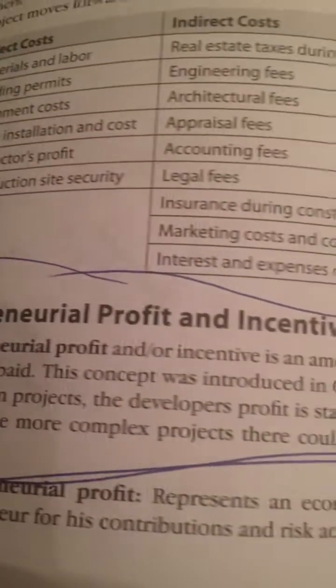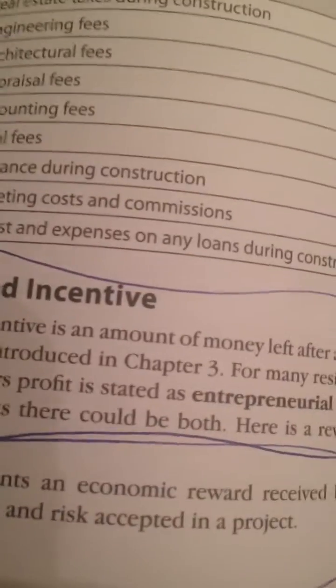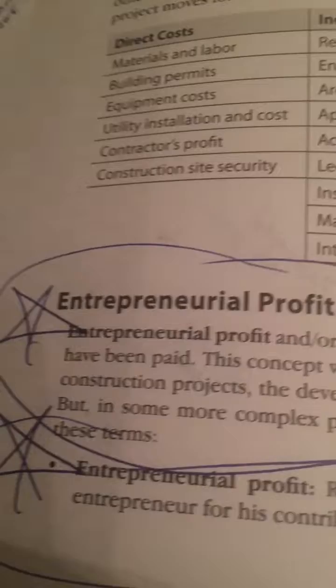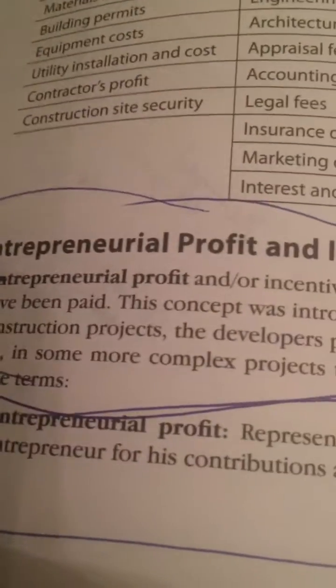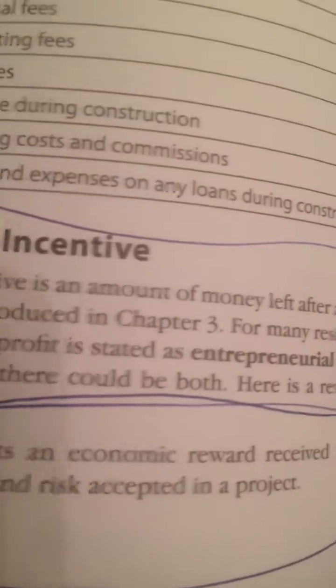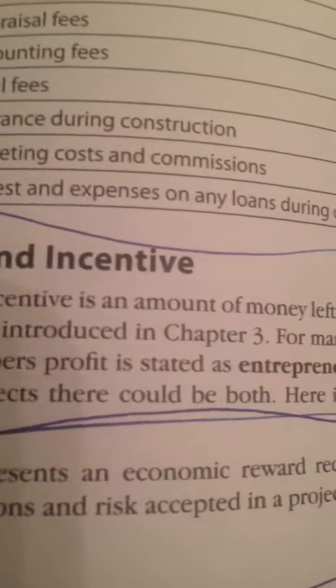But in some more complex projects, there could be both. Here is a review of these terms. Entrepreneurial profit represents an economic reward received by the entrepreneur for his contributions and a risk accepted in a project.